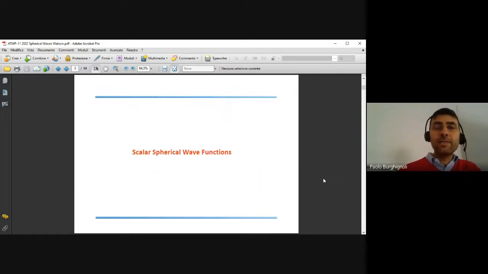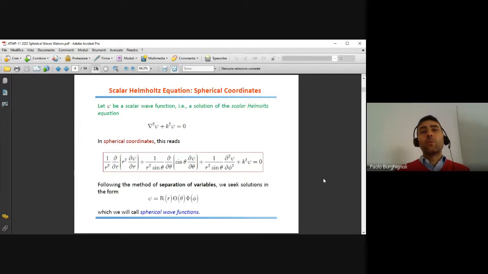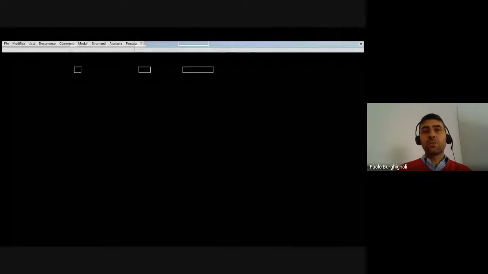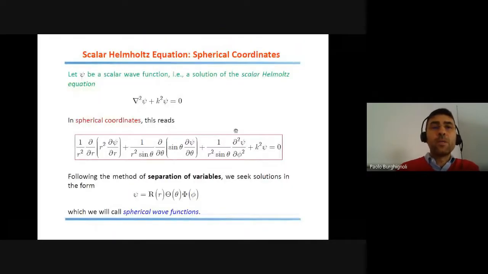So let us start with the simplest spherical waves, those which are scalar, and therefore we have scalar spherical wave functions. We will indicate with the letter psi any general scalar wave function, which means, by definition, a solution of the scalar Helmholtz equation.